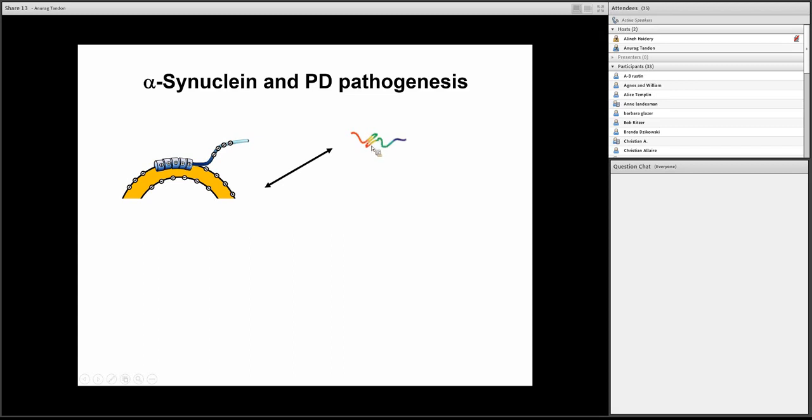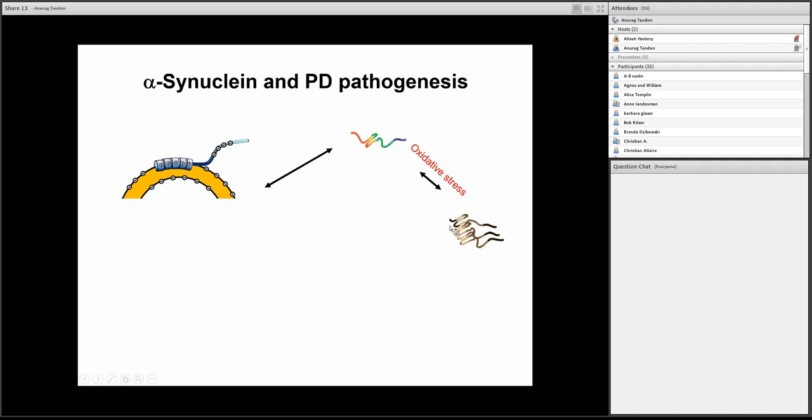Now, under certain conditions, this alpha-synuclein can form that beta sheet structure, as I mentioned in the previous slide, and begin to form these fibrils.